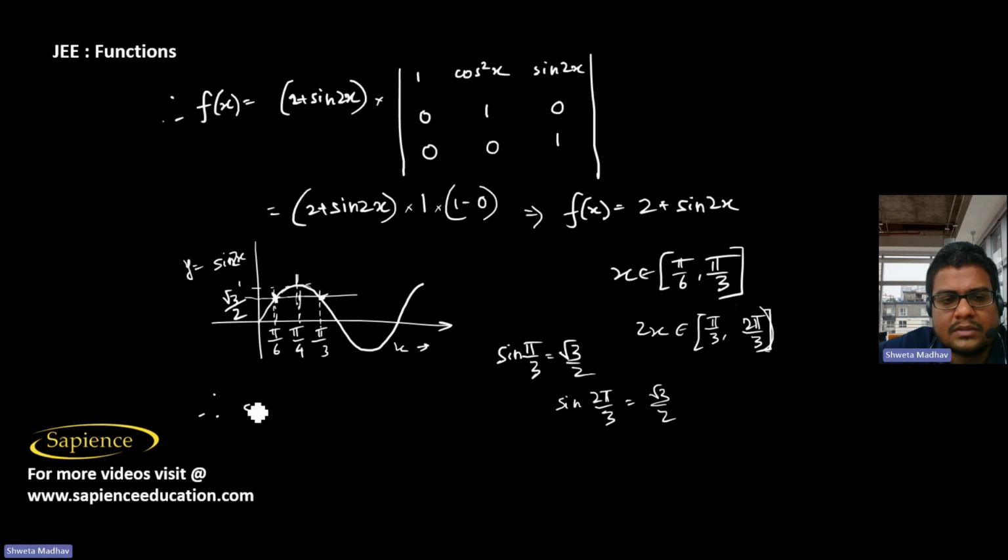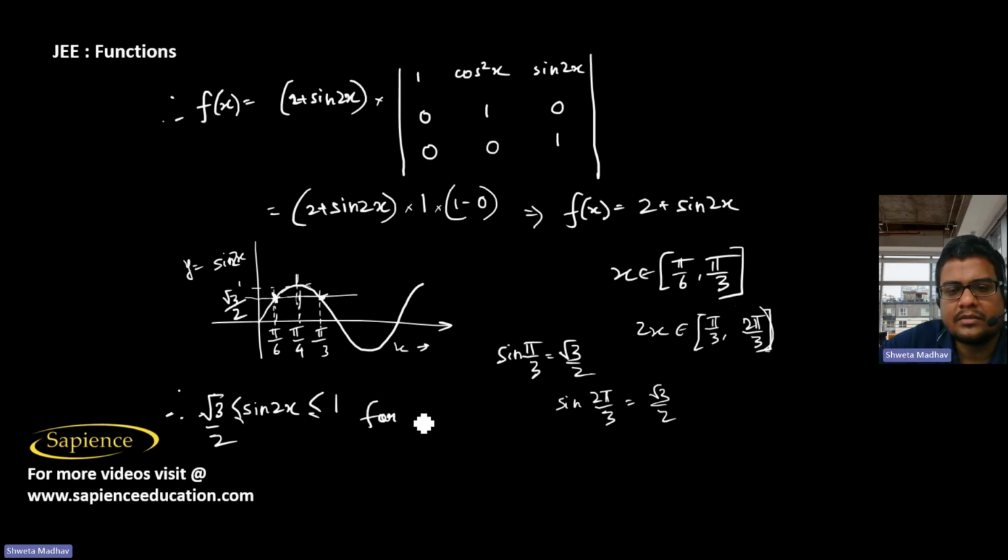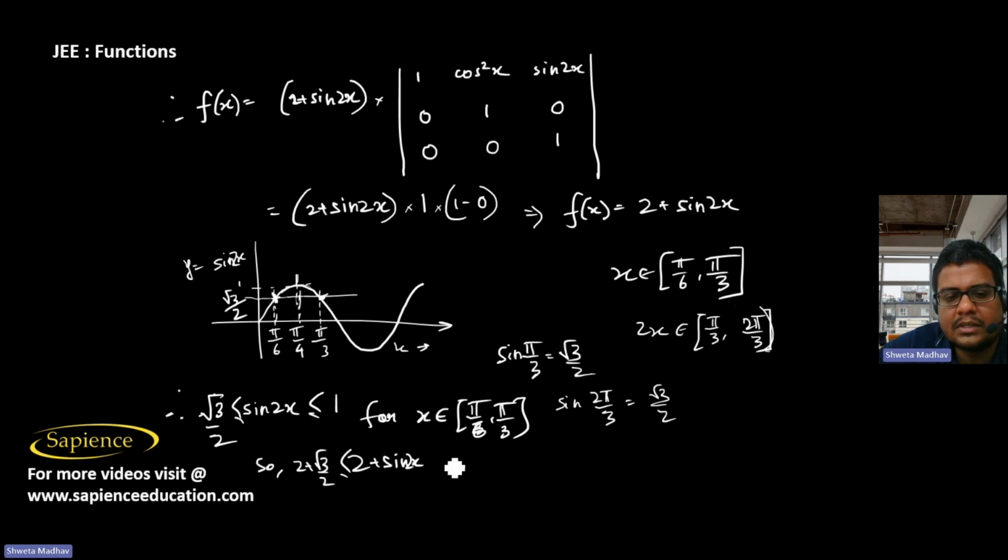Therefore sine 2x will go from root 3 by 2 to 1 for x belongs to pi by 6 to pi by 3. So therefore 2 plus sine 2x will go from 2 plus root 3 by 2 till 2 plus 1, that is 3.